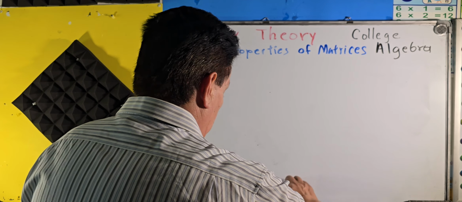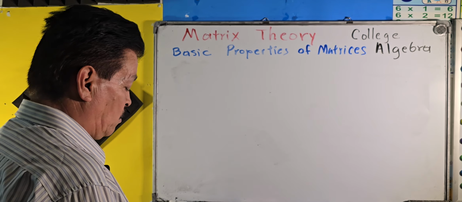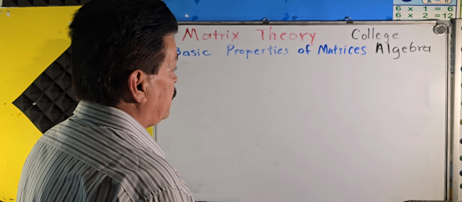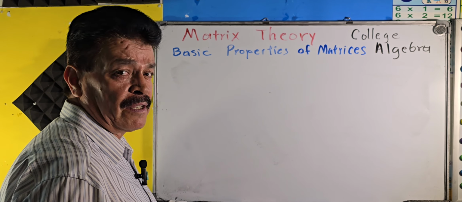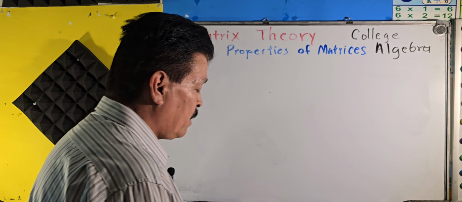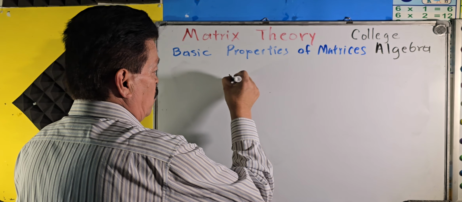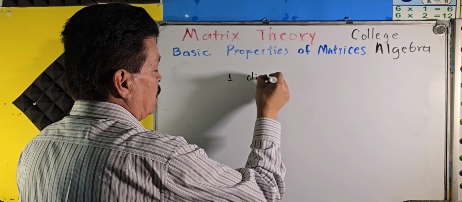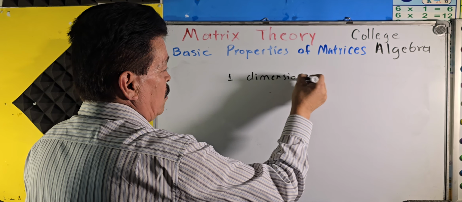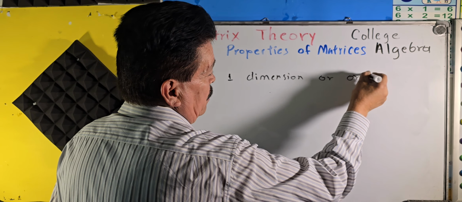All right. First of all, we have to define what I mean by a matrix, or how we classify matrices. We classify a matrix by its dimension, or order.